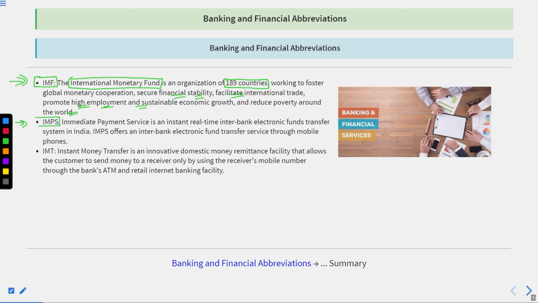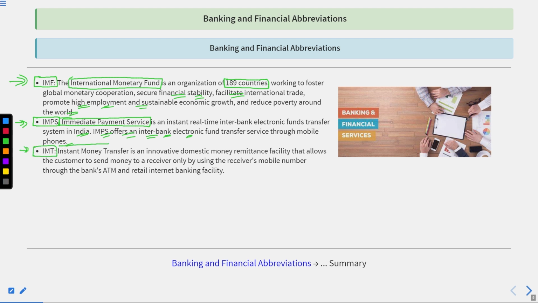IMPS, the Immediate Payment Service. It is an instant real-time interbank electronic fund transfer system in India. IMPS offers an interbank electronic fund transfer service through mobile phones. Then IMT.